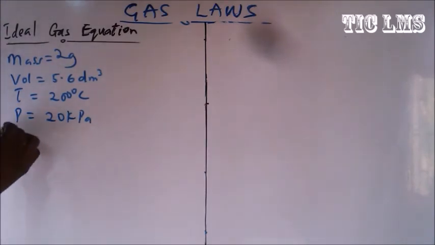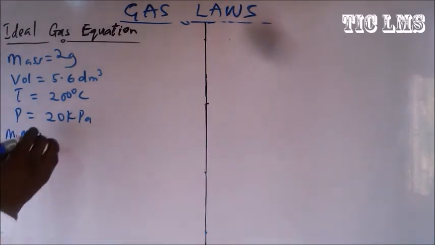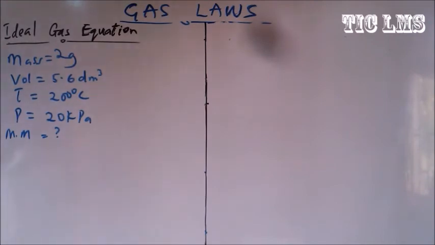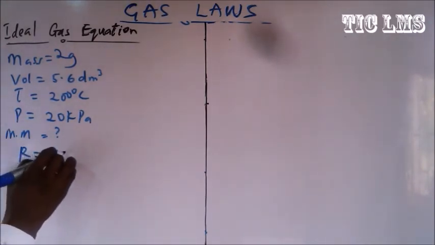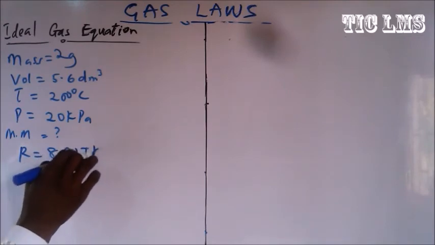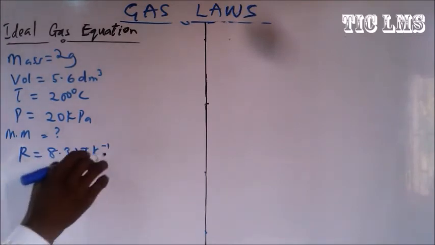We have to find the molecular mass of this particular gas. We have our R to be 8.31 joule per Kelvin per mole.